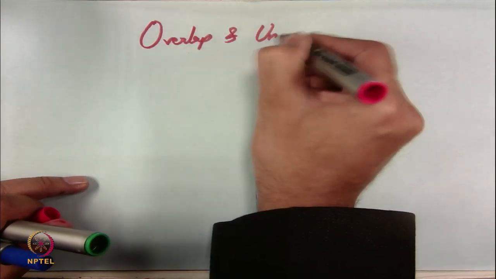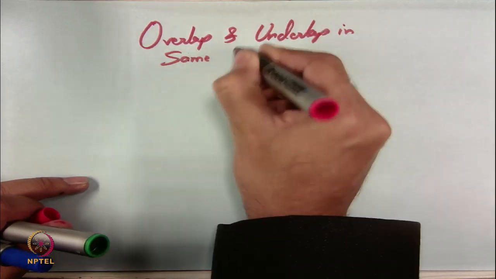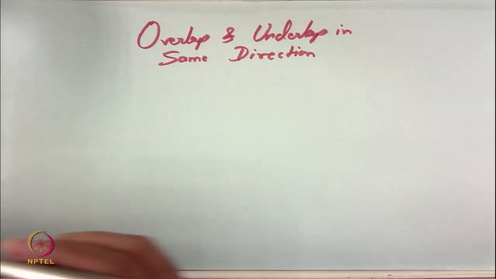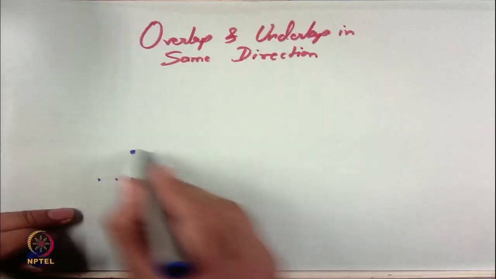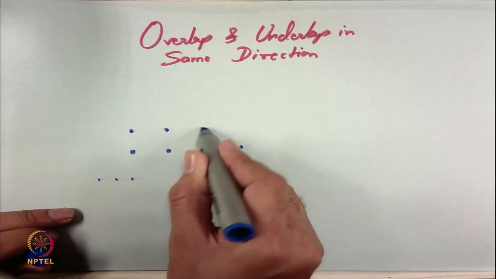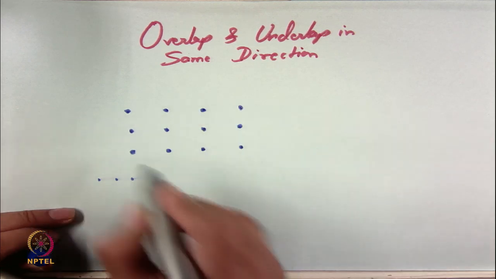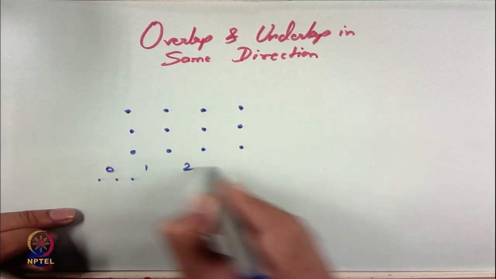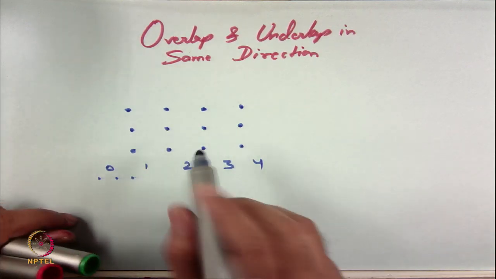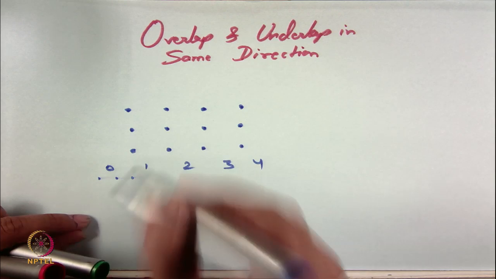Overlap and underlap in same direction. So, what does this indicate? Let me give you another example. You can denote the guide bar position, and let us see what you mean by overlap and underlap in the same direction.